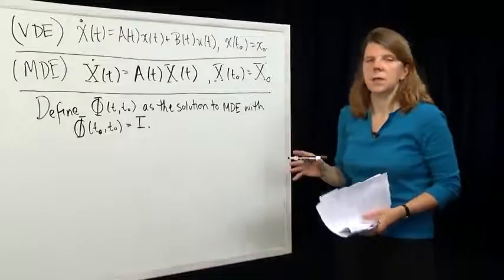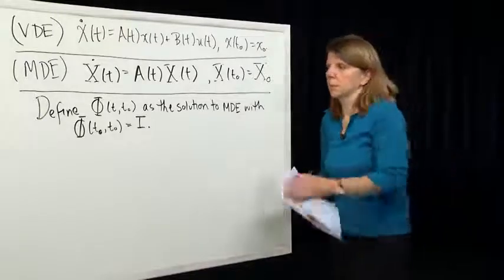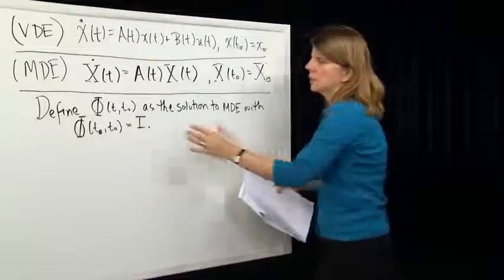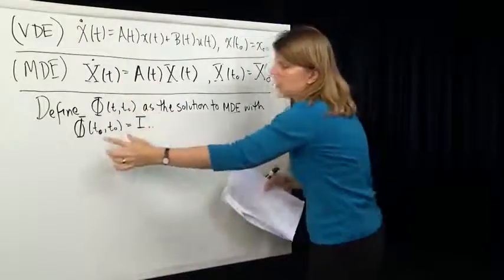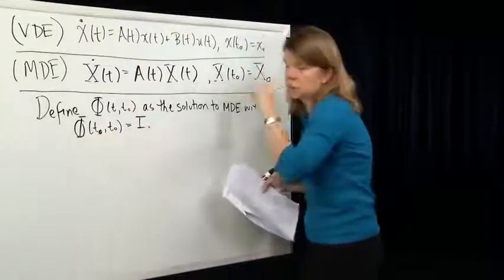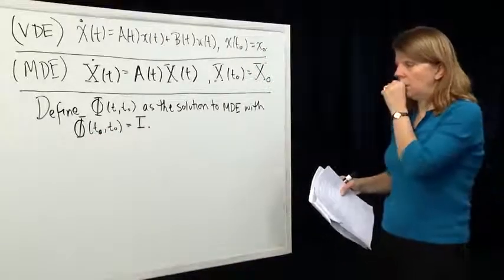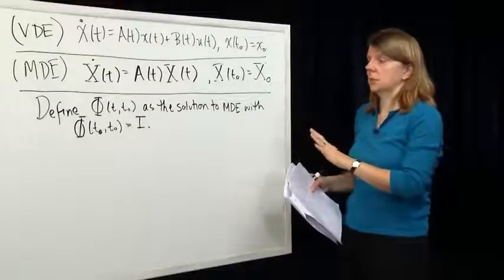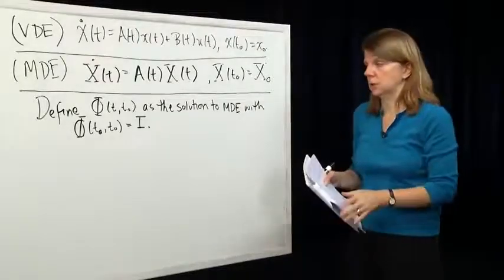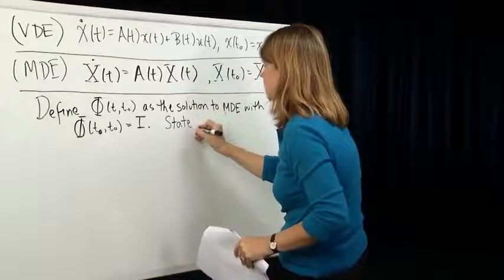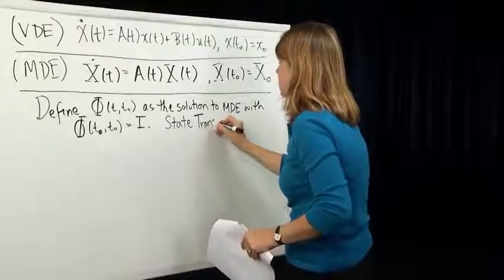Okay, so phi is an n by n matrix, and it's written explicitly in terms of the current time and the initial time, but it's the solution to that differential equation starting at an initial condition which is the identity matrix. Given that definition of phi, which has a very special name, it's called the state transition matrix, for reasons that we'll see.